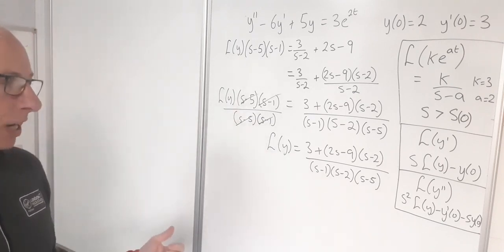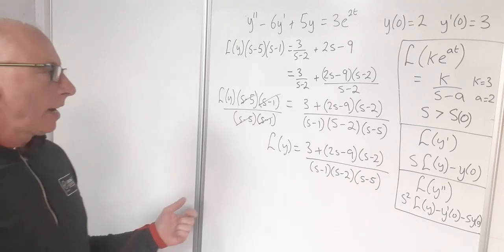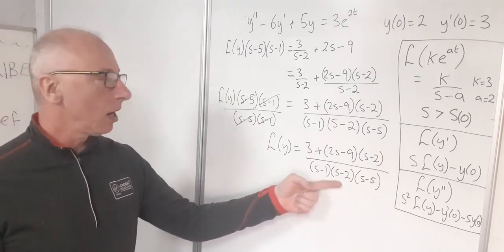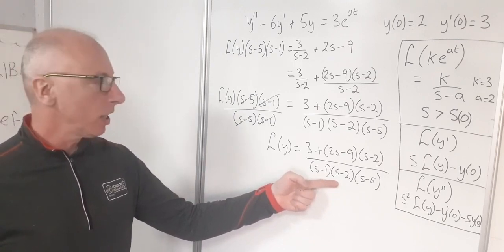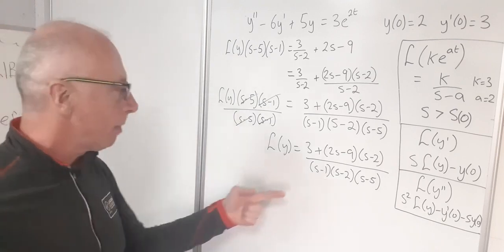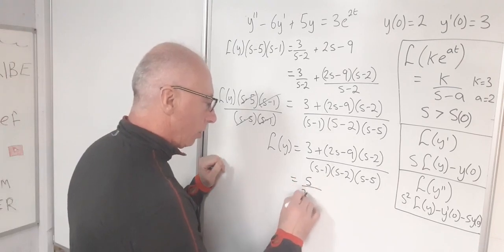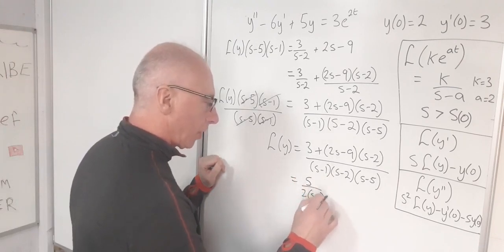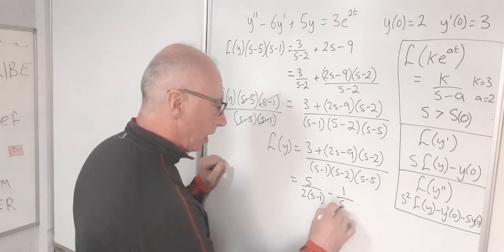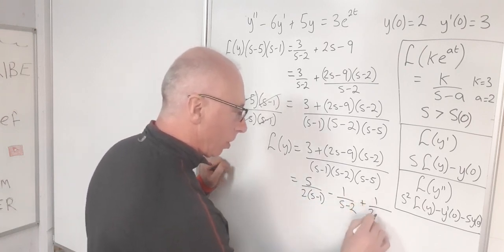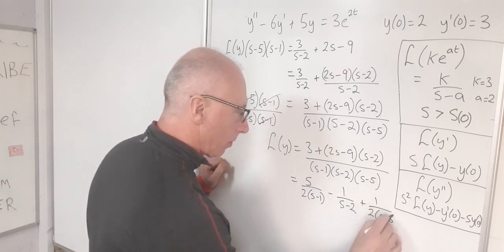So I need partial fraction decomposition. Now, if you check the link below, we did this in the last video to break this into partial fractions. And the result came out, and this equaled 5 over 2 times s minus 1, minus 1 over s minus 2, plus 1 over 2 times s minus 5.